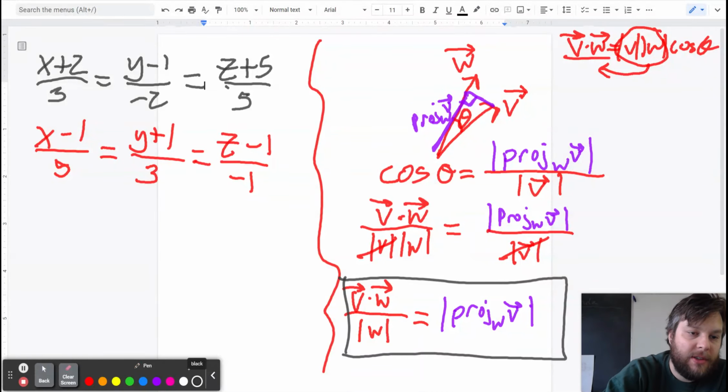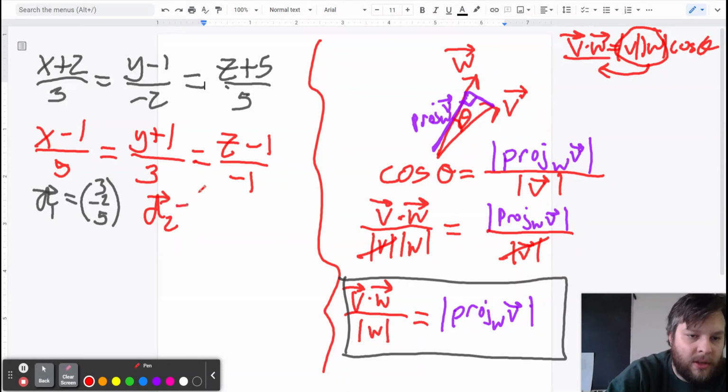So the direction vector from my first line, I'll just call it D1, is given just by looking at the denominators: 3, -2, and 5. The direction vector for my second line, D2, is 5, 3, -1.